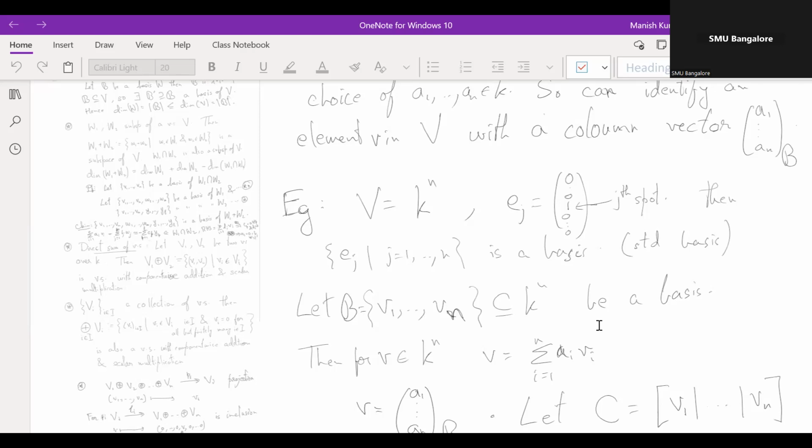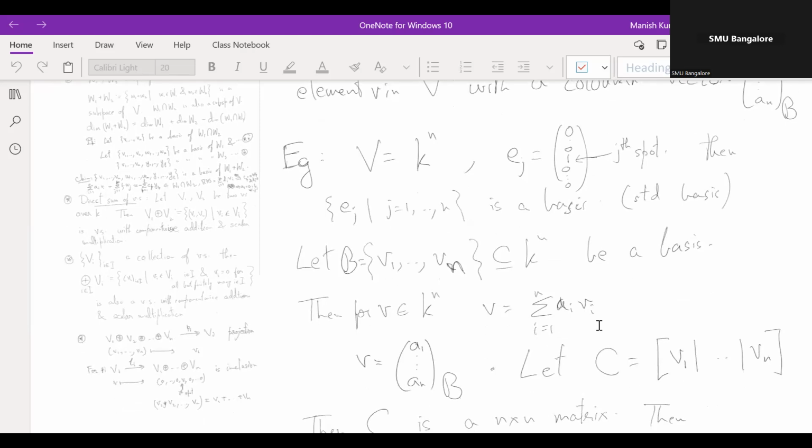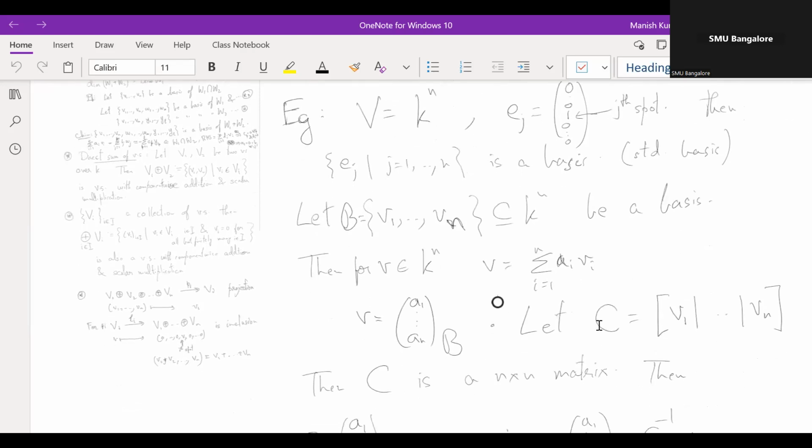So now what is the relation? How do you relate these coordinates in terms of these bases? There is a matrix you can form. You consider the matrix C whose first column is V1, second column is V2, and last column is Vn. Then the coordinates of V with respect to this basis satisfy this relation.